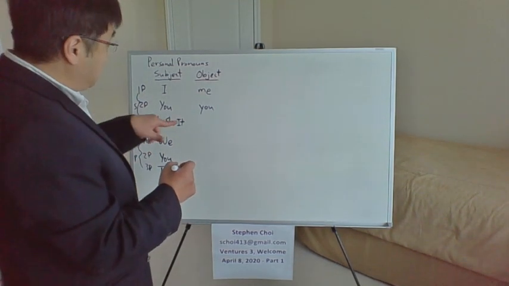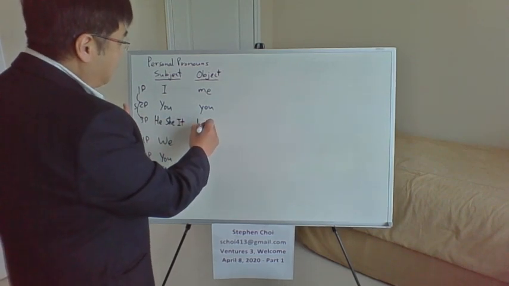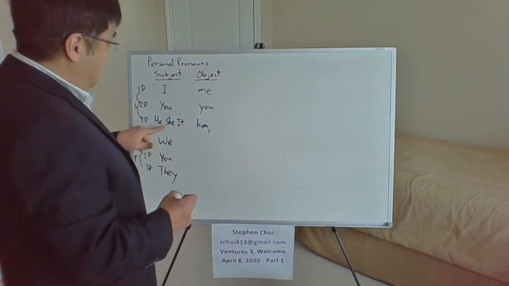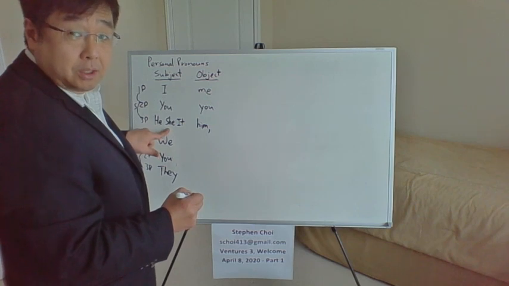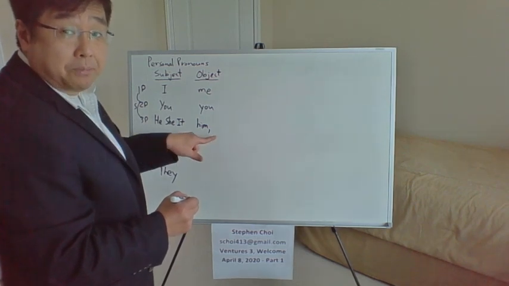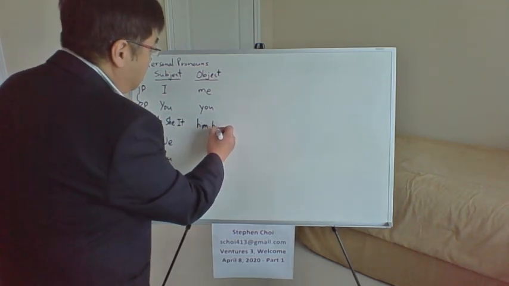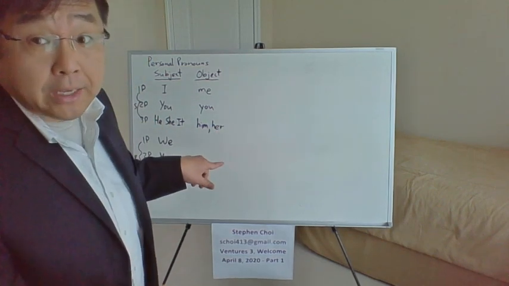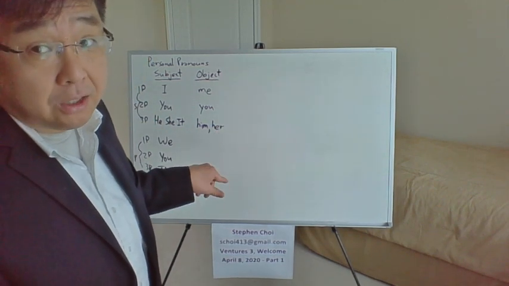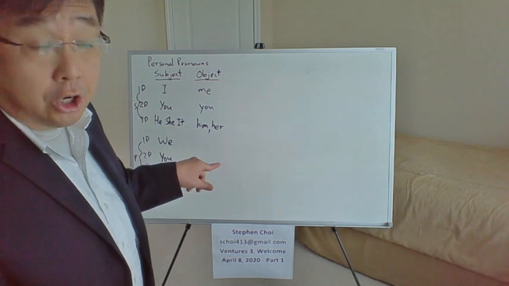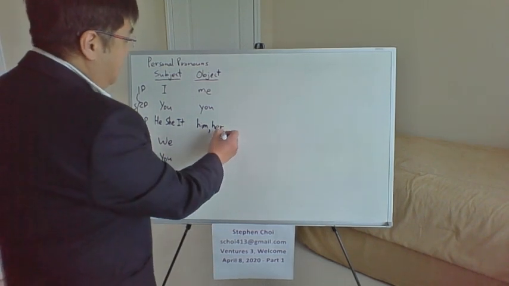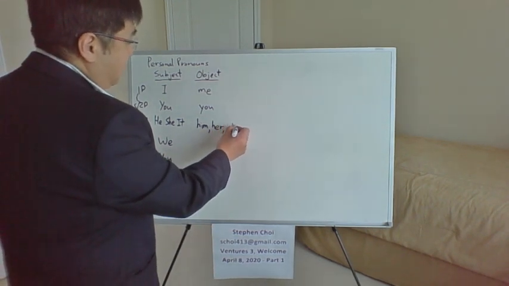And that's the subject, and the object is, that's right, him. And then the feminine, subject is she, object is her. It's pronounced her, not hair. Her. And then it is it.